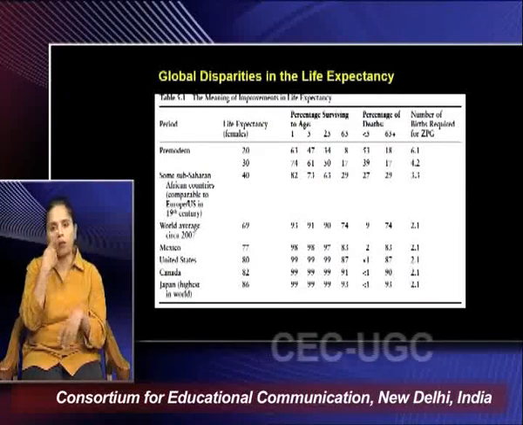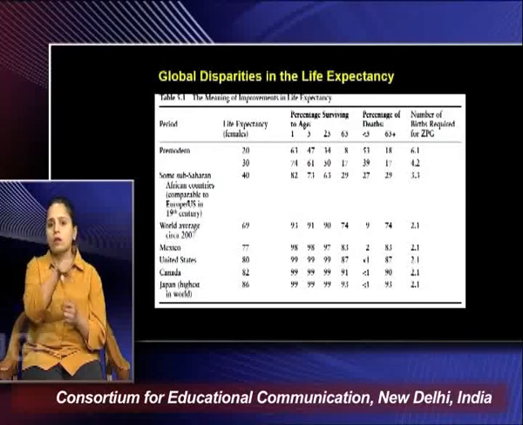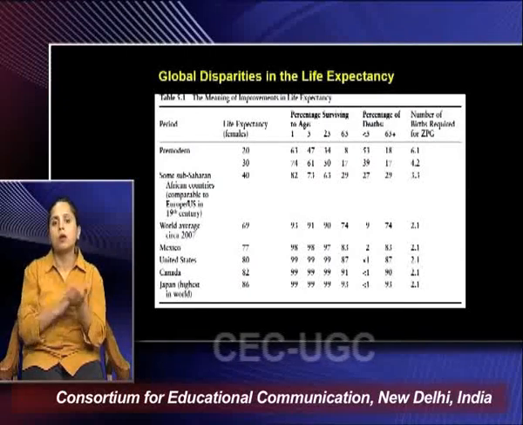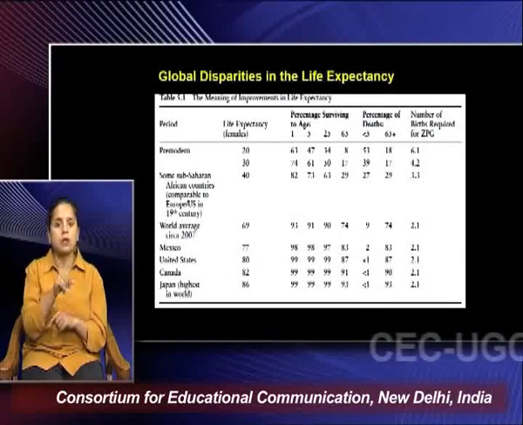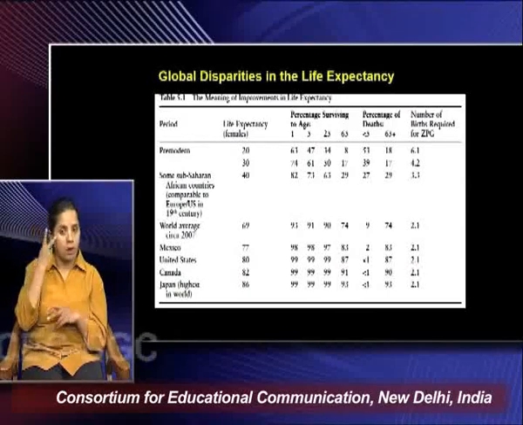By the age of 5, half of them would not survive. Only 30% would survive to see their 25th birthday, and only 8% would see their 65th birthday. So that was the kind of risk of death which existed in pre-modern times.